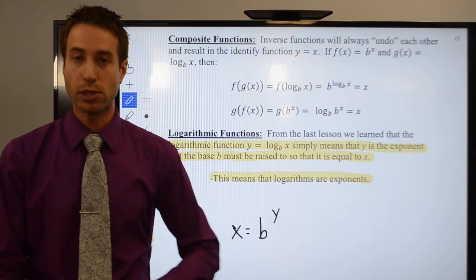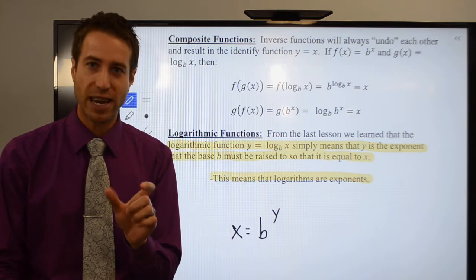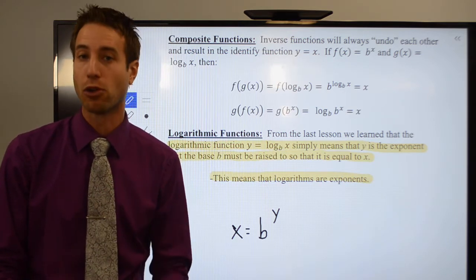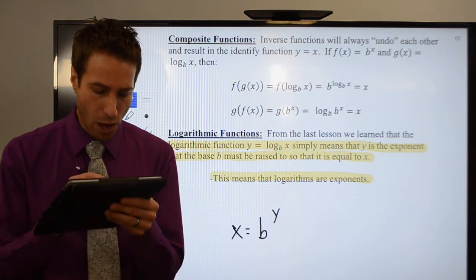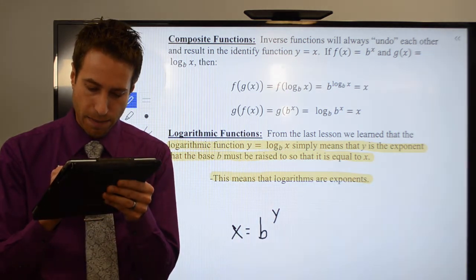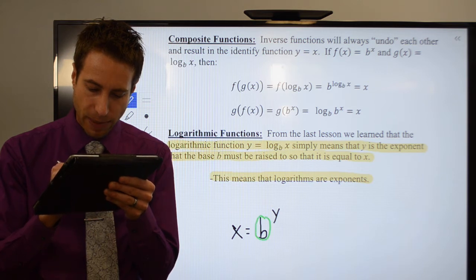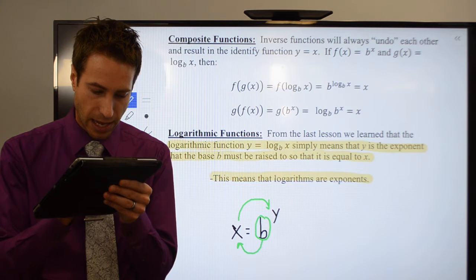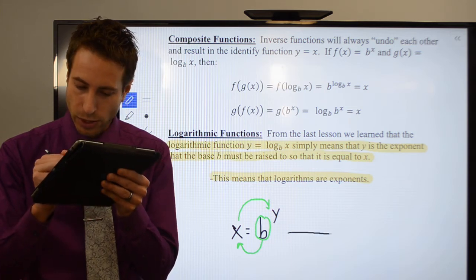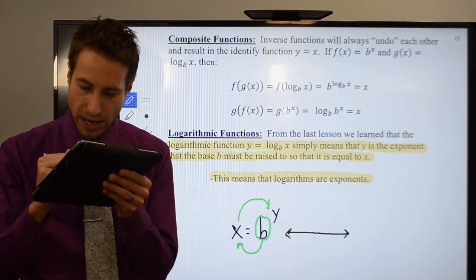Now we use that neat little method that I showed you to help us figure out what the logarithm is. How do I write this as a logarithm? Well, we showed you the Snail Method, where you start at the base and work your way around the equal sign.